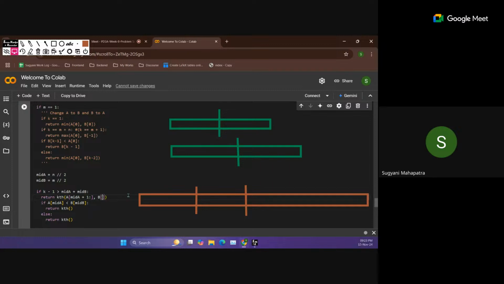B will go to middle of B plus 1 colon, right? This is correct, right?